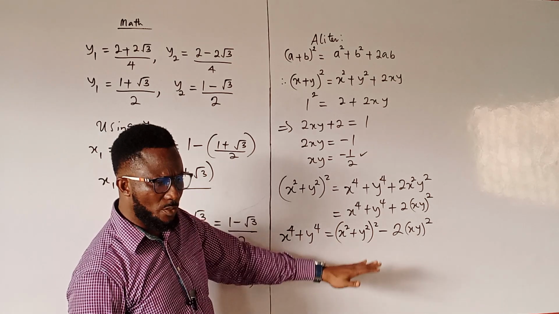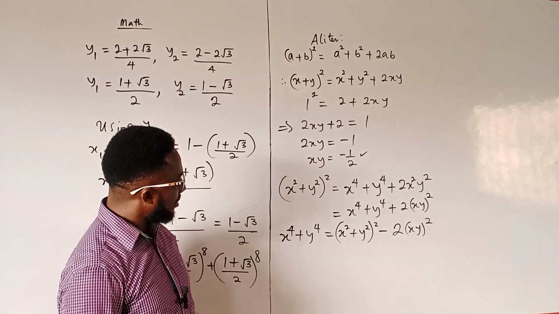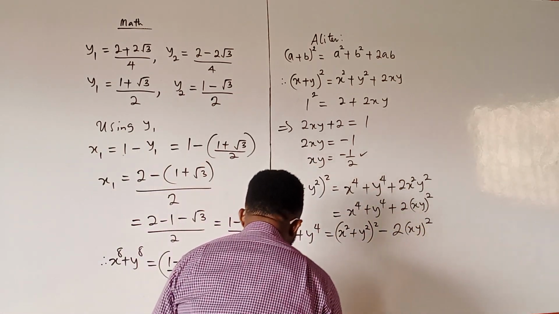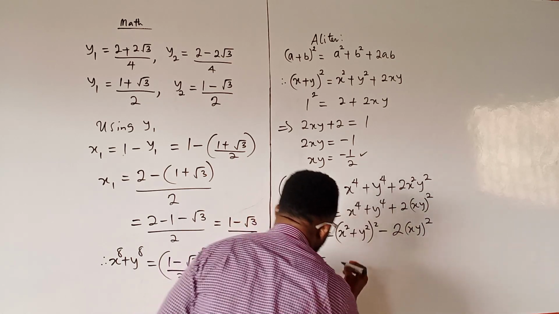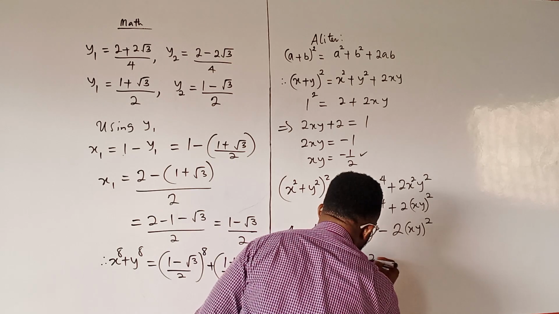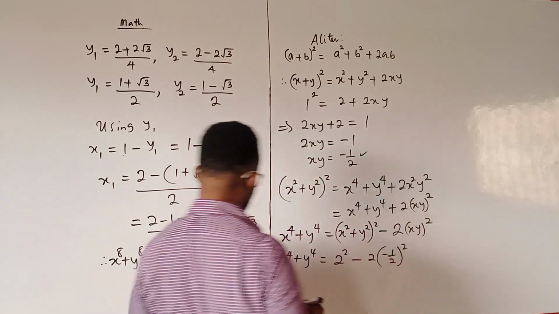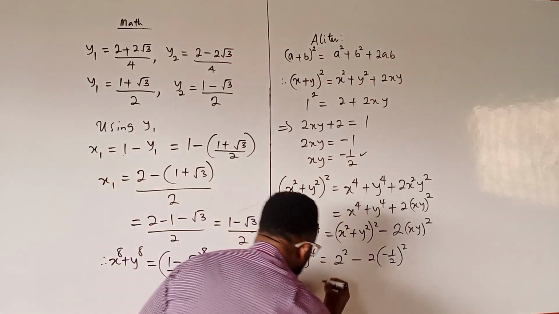Now, s squared plus y squared is the second equation, which is 2 squared. And sy is negative half. So we can now evaluate s to the fourth plus y to the fourth to be 2 squared minus 2 into negative half squared. 2 squared is 4.